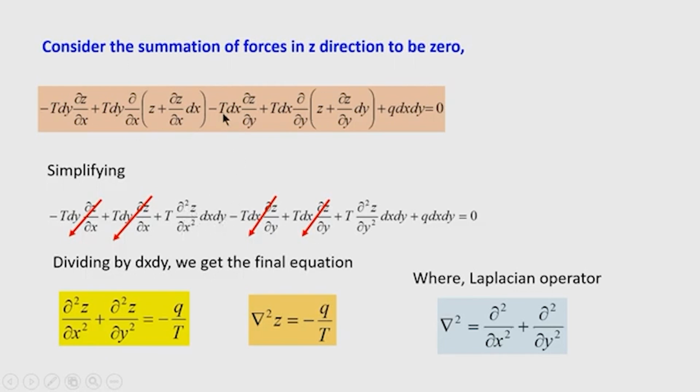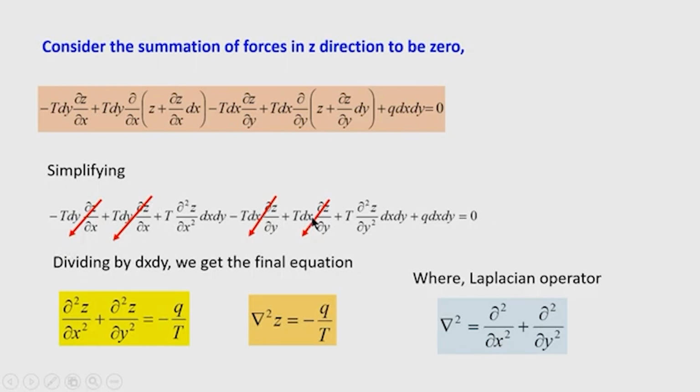Then here I got minus T dx del z by del y, then plus we get this T dx del by del y del z by del y. So that we got here, and for the other term we get T into del square z by del y square dx dy and external force q dx dy equal to 0. You can see some terms are cancelled. So this term is cancelled, again this term is cancelled.